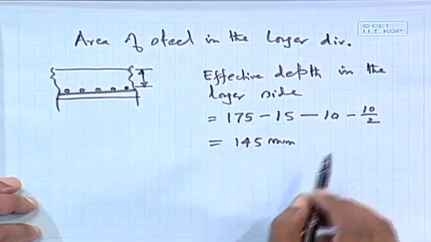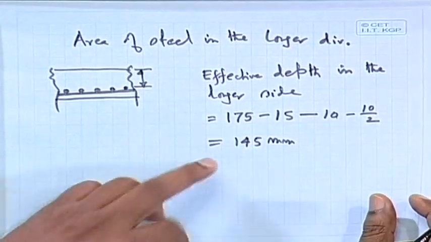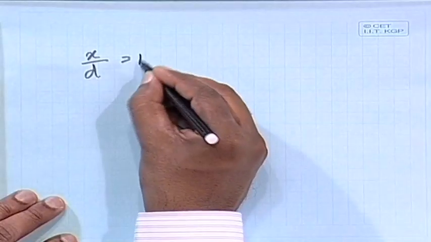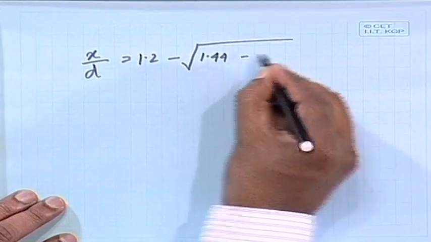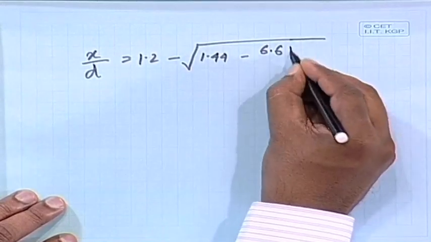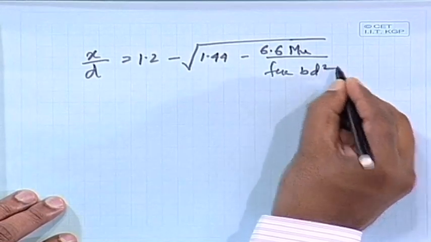So, what we can do now is again calculate x by d on the basis of this. What is the value of x by d then? x by d equals 1.2 minus root over (1.44 minus 6.6 Mu by fck b d squared).